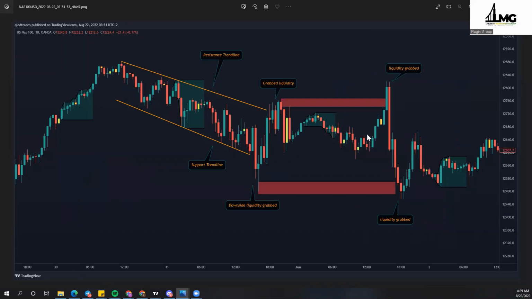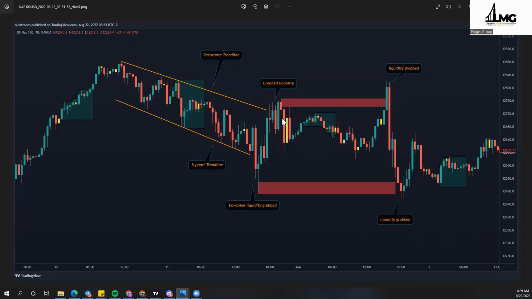And then here we got a good example where we got different liquidity points, right? Initially we got a trend line, with price trending to the downside. Most people see this as a first touch, second touch, third touch, fourth touch. For the fifth touch, what happens? Price grabs liquidity below. It fails to respect the trend line, grabs the liquidity below, heads for the liquidity above and grabs that liquidity.